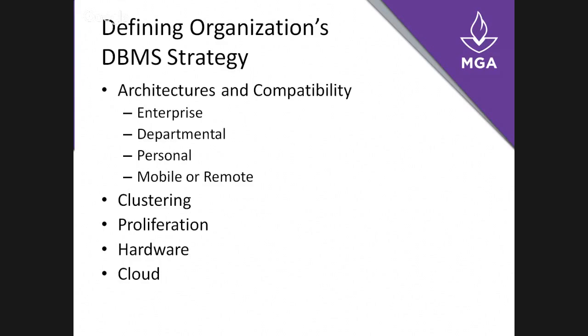There's hardware. How do we manage the hardware strategy wise? We've got to have room for growth for a database management system and multiple databases that a college, in this case a university, or a business may need to support. And there is the idea of the cloud, having somebody else, a third party, basically handle your technology needs for a database.